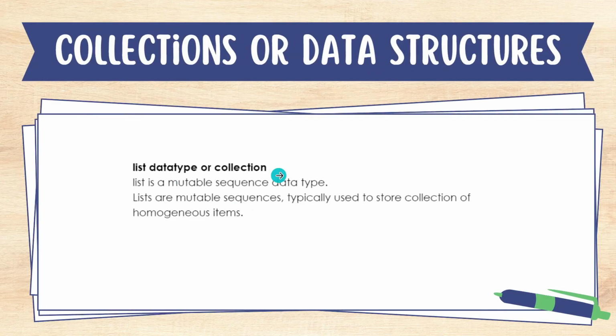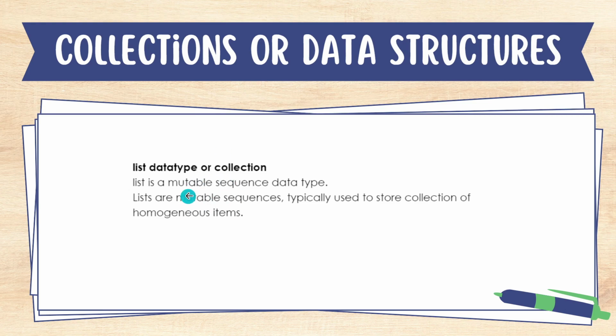Next is the list data type. Can we say list is a sequence data type? Yes, sir. Can we say list is a collection data type? Yes, sir. Can we say list is homogeneous? Yes.